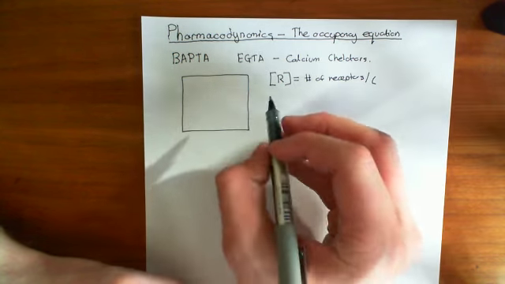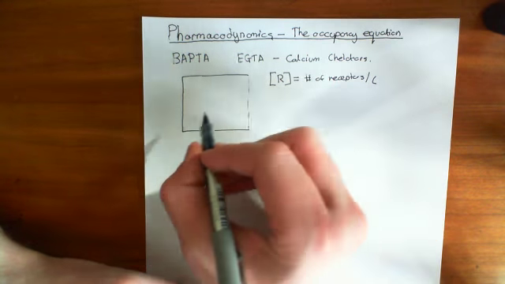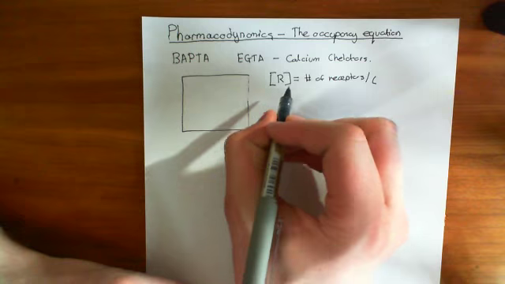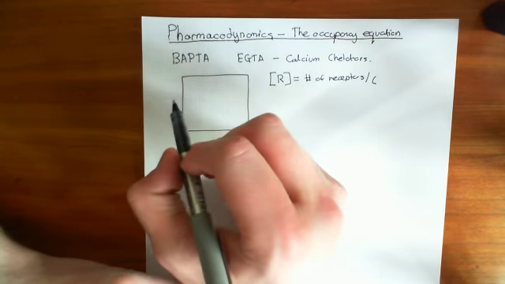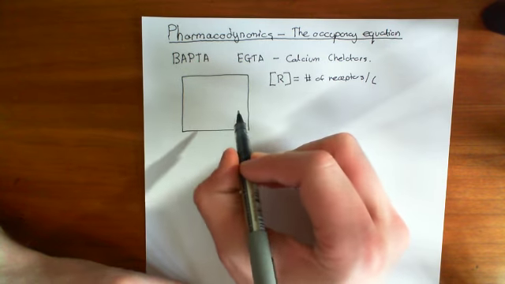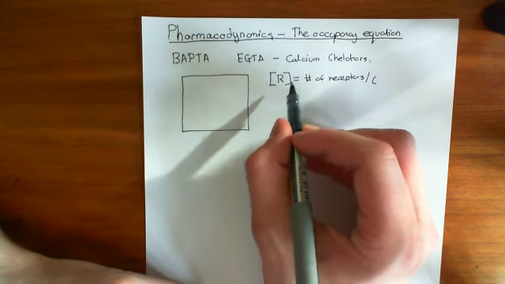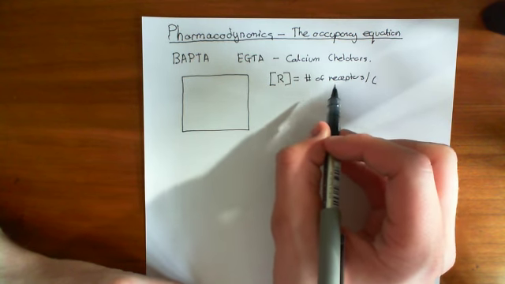So basically, if you have some fluid, and you continued that fluid to a litre, let's say, and you kept the same density of receptors in the fluid, then how many receptors will there be in that container?